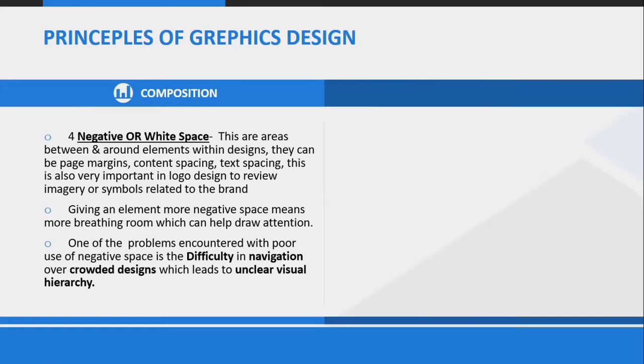Looking at this now, your eye is directed to a point where you see the principles of graphics design, the composition, and the negative space. Then you read through. This empty space, your eye won't go there. It is directed only to where the main info is.